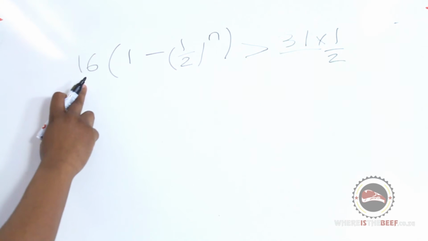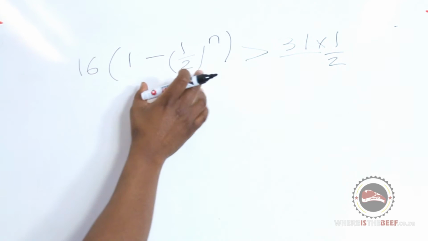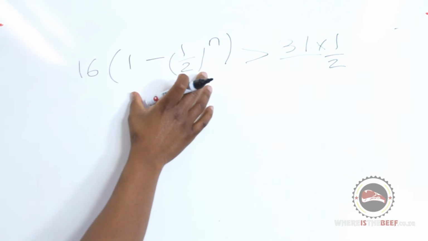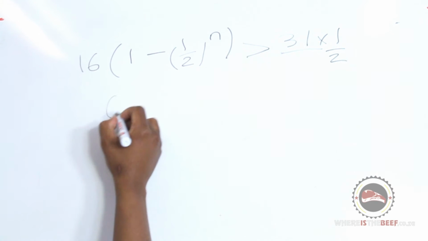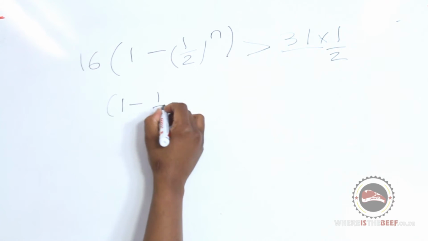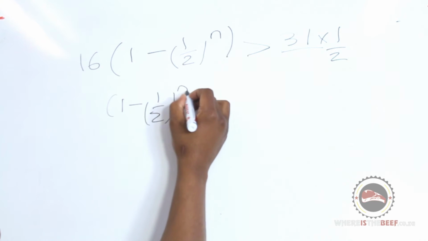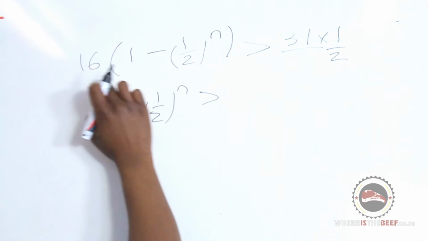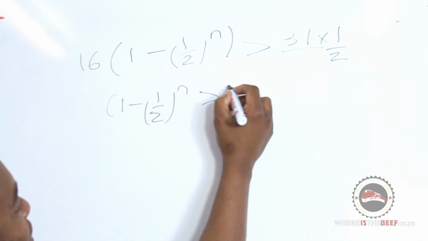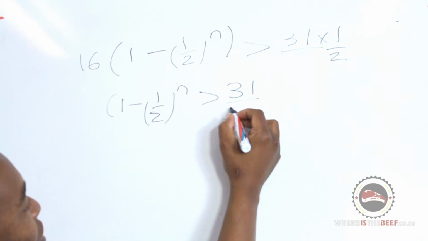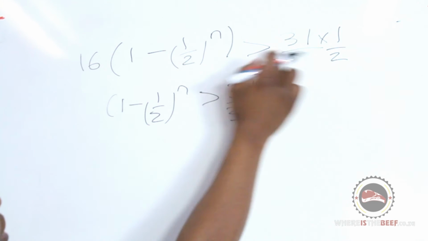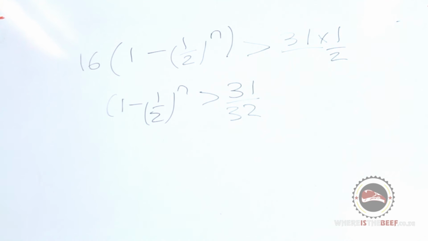So we know that we need to destroy the 16 on the left hand side to free the side to allow us to find the solution for n. So we have our bracket here being 1 minus 1 over 2 to the power of n bigger than, what do we have? It'll just sum up to 31 over 32, because 16 multiplied by 2 will give us a 32.